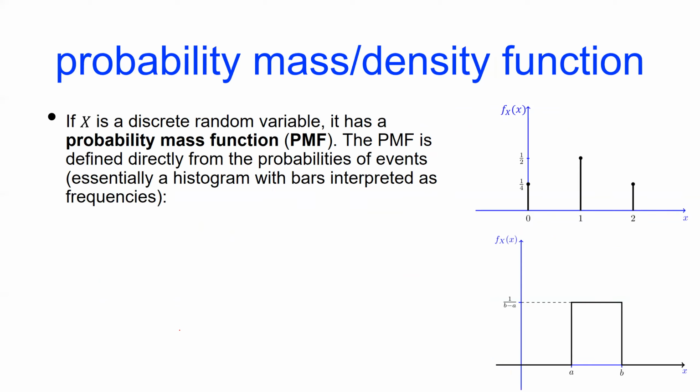But if we have a discrete case, like you flip a coin and have 0 or 1, or you roll a die and have 1, 2, 3, 4, 5, 6, for those discrete cases we define something called the probability mass function, called PMF.